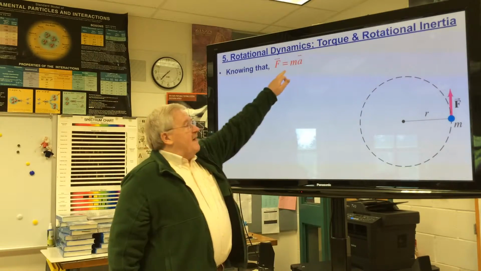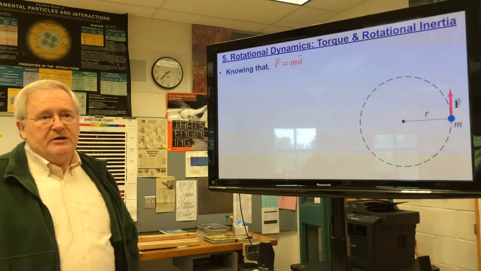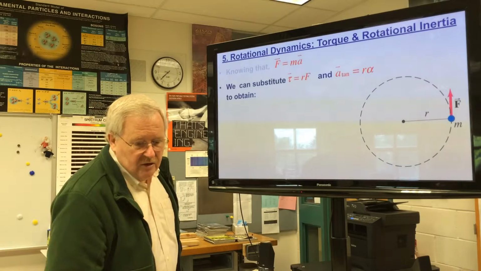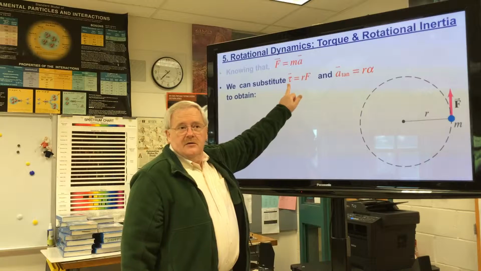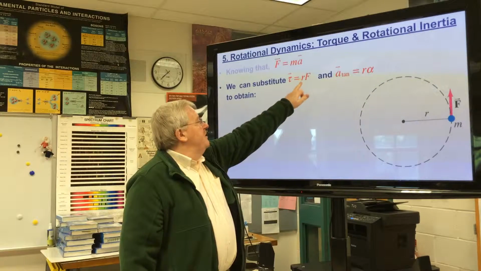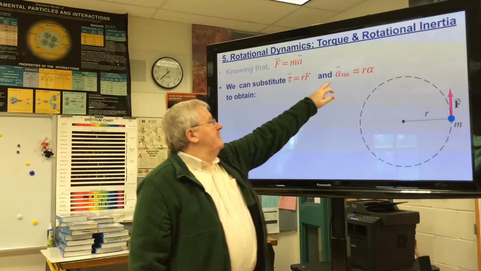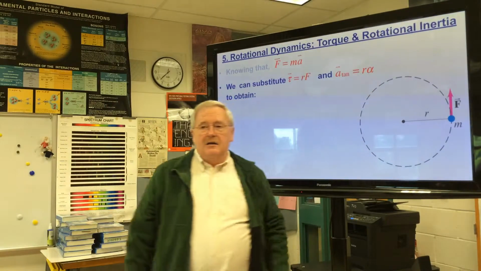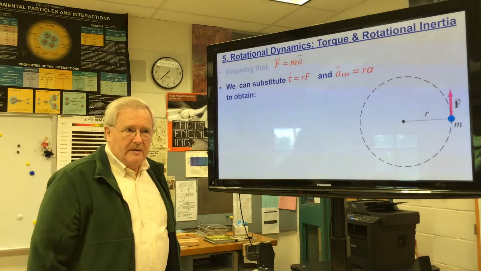So we know Newton's second law, and now we want to find the rotational equivalent of Newton's second law. So we can substitute the torque, which equals the radius times the force, and the tangential acceleration is r times alpha, the angular acceleration, right?